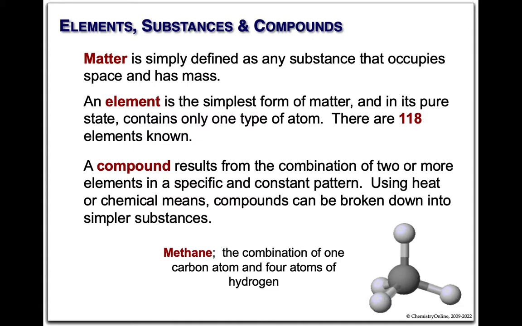The angles here are always 109.5 degrees. Every methane looks just like this. We will see in a bit that there are 2 different types of compounds. This is an example of a covalent compound or molecular. The other is an ionic compound, but we'll do that later.